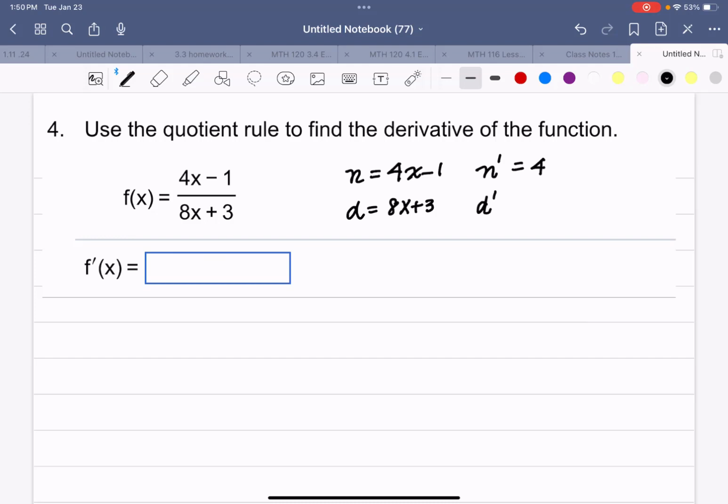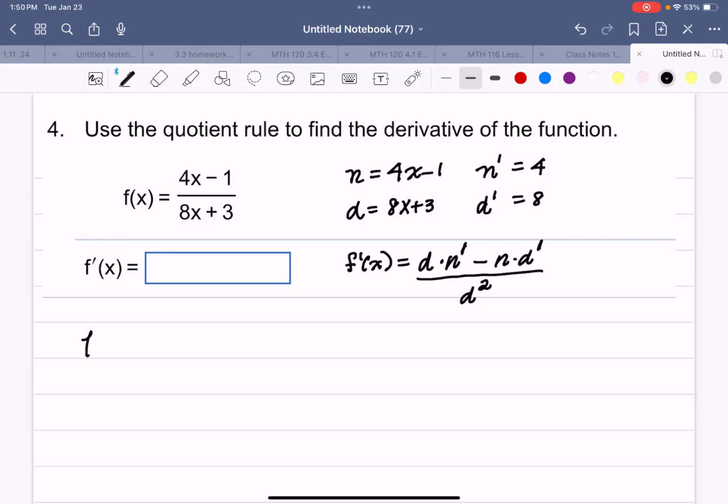And my denominator prime is going to be an 8. And remember, the rule is start with the denominator, derivative of the numerator, minus the numerator, derivative of the denominator, all over denominator to the second power. Okay, so these are primes. They don't mean first power. They mean derivative.